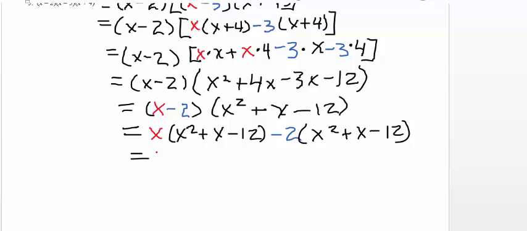So notice each of these three terms, x squared plus x minus 12, gets multiplied by x. And in the second situation, each of these three terms gets multiplied by negative 2.